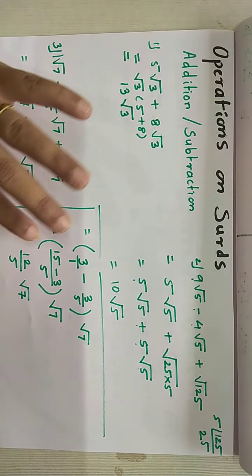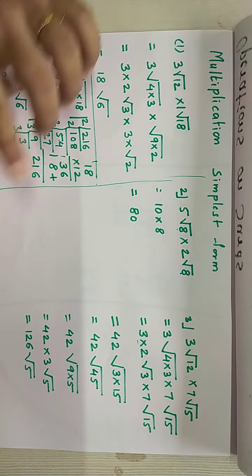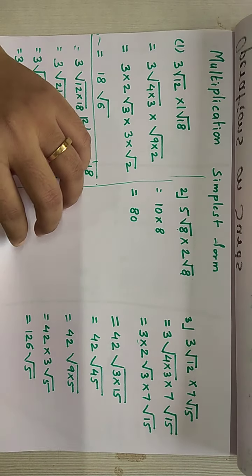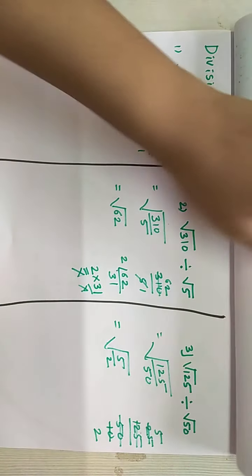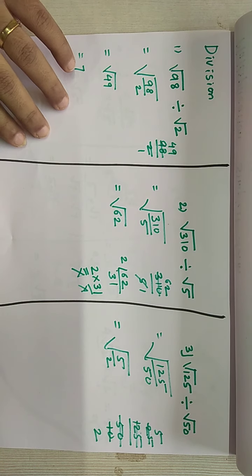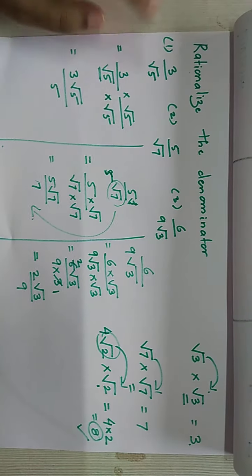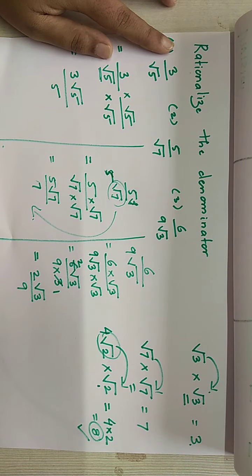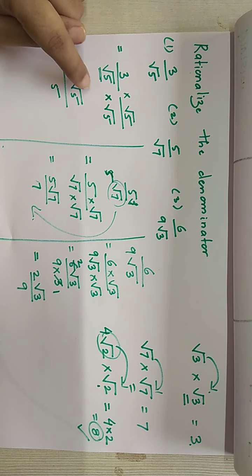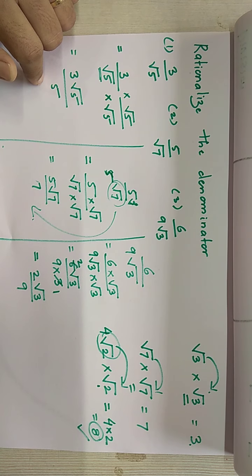When they are like, you can add and subtract them. Then we learned how to multiply them and make it into simple form. Then we learned how to divide surds also. These are all 2-mark sums, children. Then we learned how to rationalize the denominators. If the denominator has a surd part, you need to remove that surd part by multiplying the conjugate. That is how we rationalize the denominator.